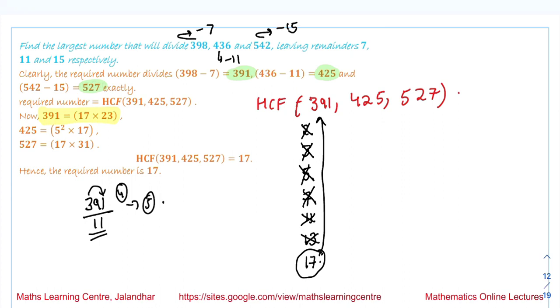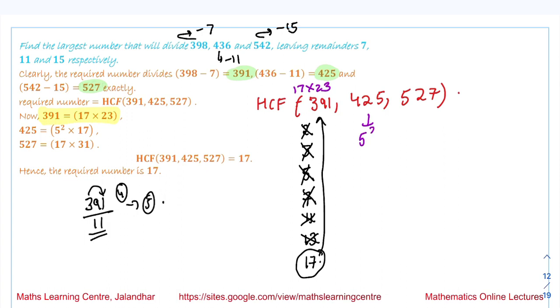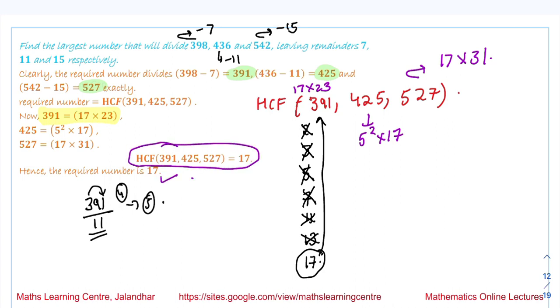Similarly, for the next numbers, with prime factorization we get 17 into 23, then 5 square into 17, and 17 into 31. So the HCF of all these three numbers is 17. So 17 is the largest number that will divide 398, 436 and 542, leaving remainders 7, 11 and 15 respectively.